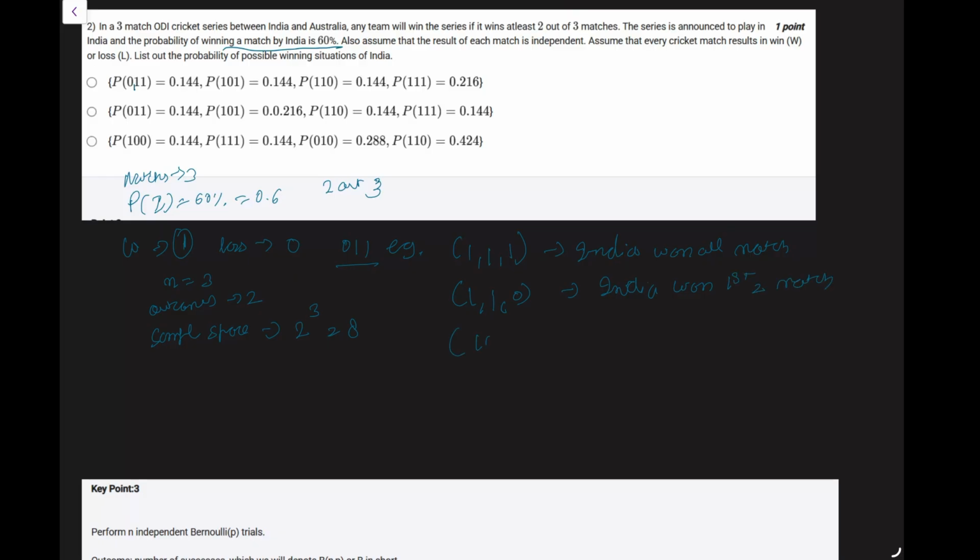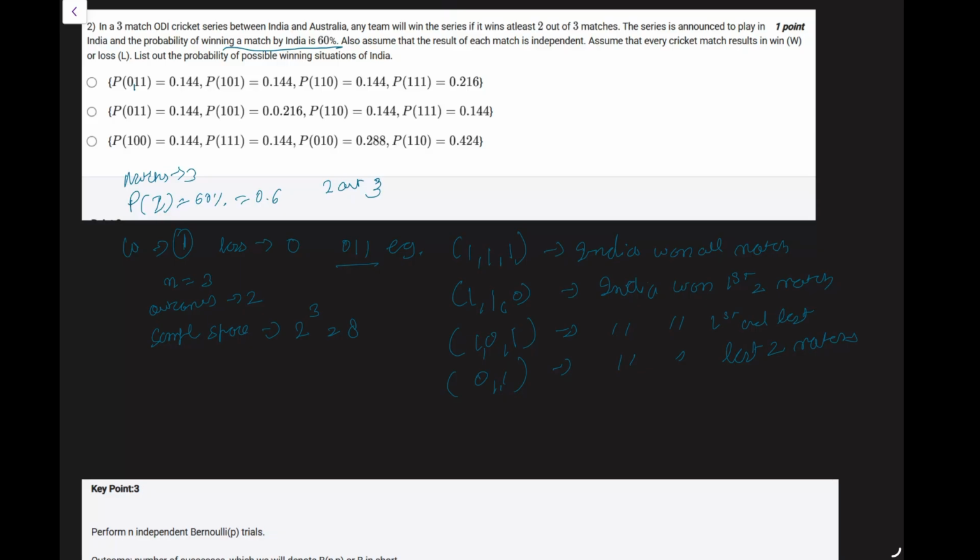Then we have 1-0-1, India won the first and last match. Then we have 0-1-1, India won the last two matches. And that's how India won the series. But you will see there are only 4 possibilities here.